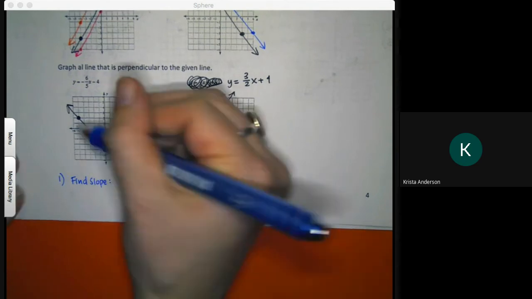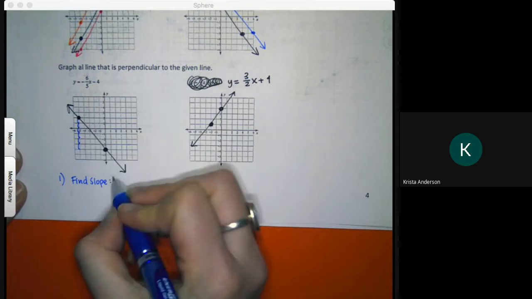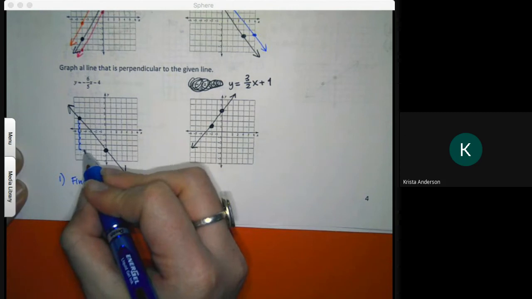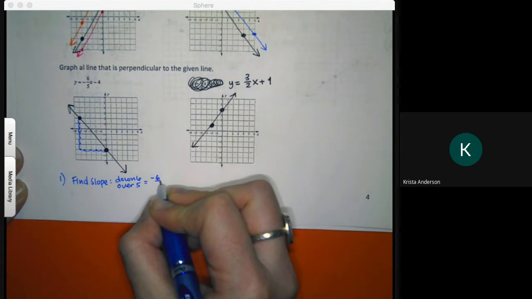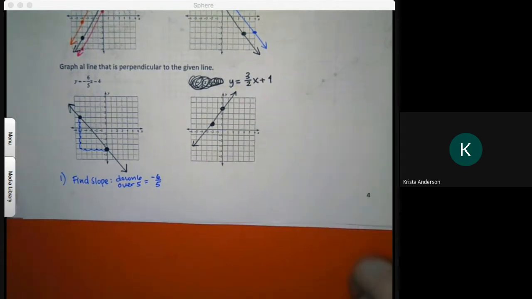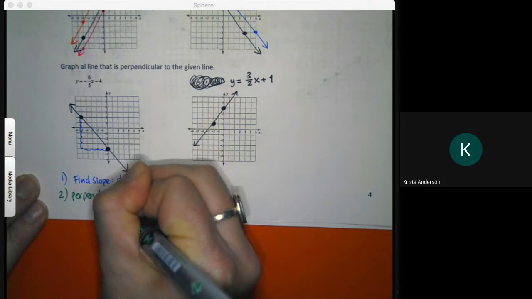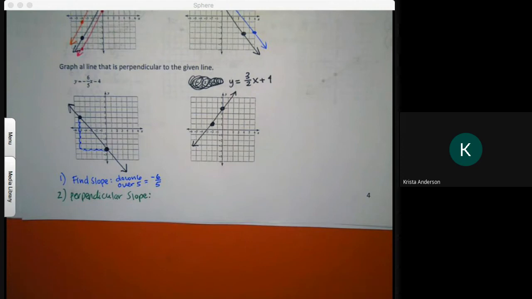When I find the slope, I go down 1, 2, 3, 4, 5, 6. Over 1, 2, 3, 4, 5. The perpendicular slope, I'm going to tell you what it is, and I want you to look and try and figure out what I did.